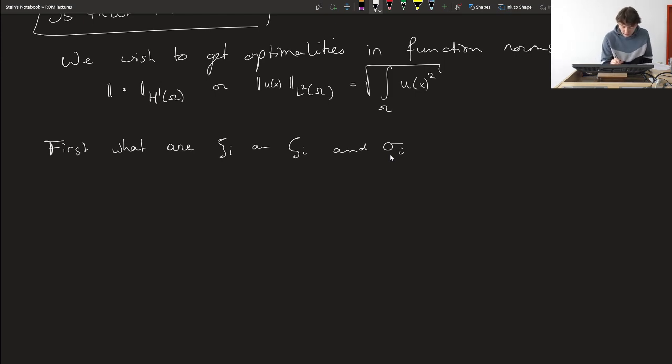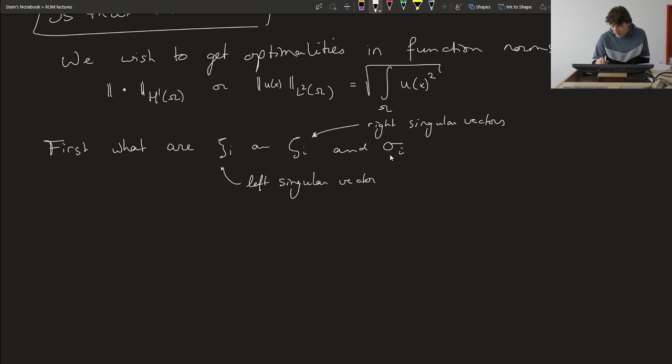We called those the left singular vectors. And we called this guy the right singular vectors. And these were called the singular values. But how do we actually obtain those, and what do they actually mean?